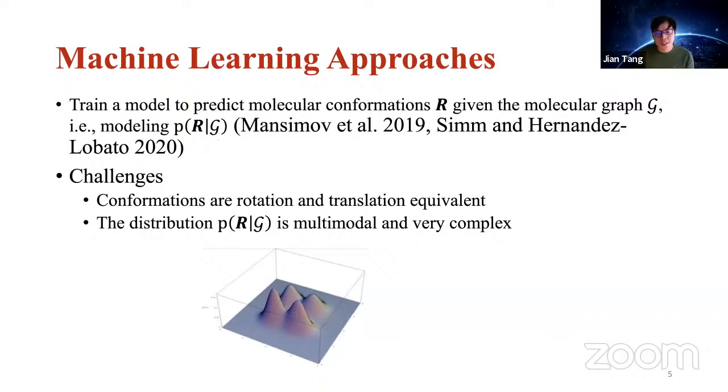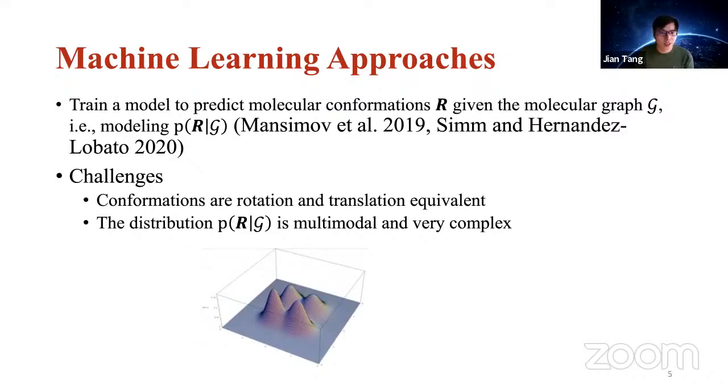Even from the point of view of machine learning, this is very challenging, for two reasons. The first reason is that the conformations are rotation and translation equivariant. Suppose you rotate and translate the conformation, it's the same conformation, but the coordinates of the atoms will be changed. This is the first challenge.